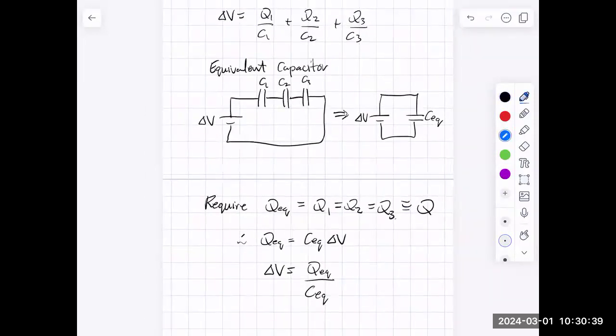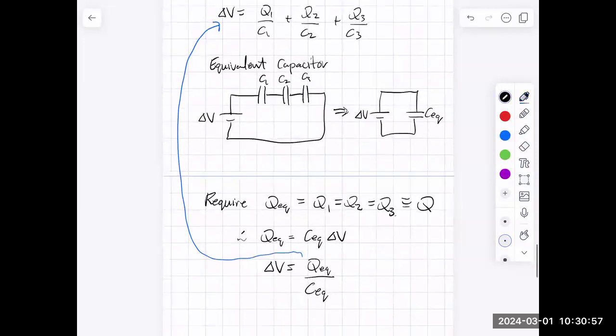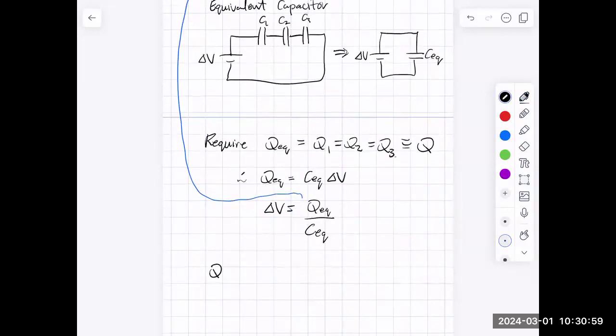And the last step is to make that substitution, and then recognizing that all the charges have to be the same. Q equivalent is equal to Q1 is equal to Q2 is equal to Q3 is all just equal to Q, leaves us with Q over C equivalent is equal to Q over C1 plus Q over C2 plus Q over C3.